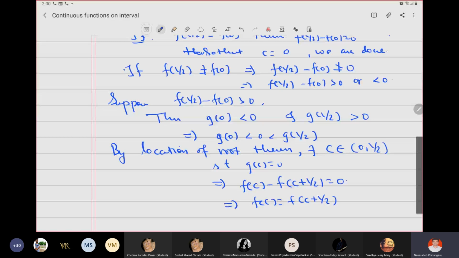Such a C always exists. Remember that it is not true for every C between 0 and half. There is a particular, very special C. Look at C plus half, and the value is the same. Exactly the same thing happens on the equator of Earth.